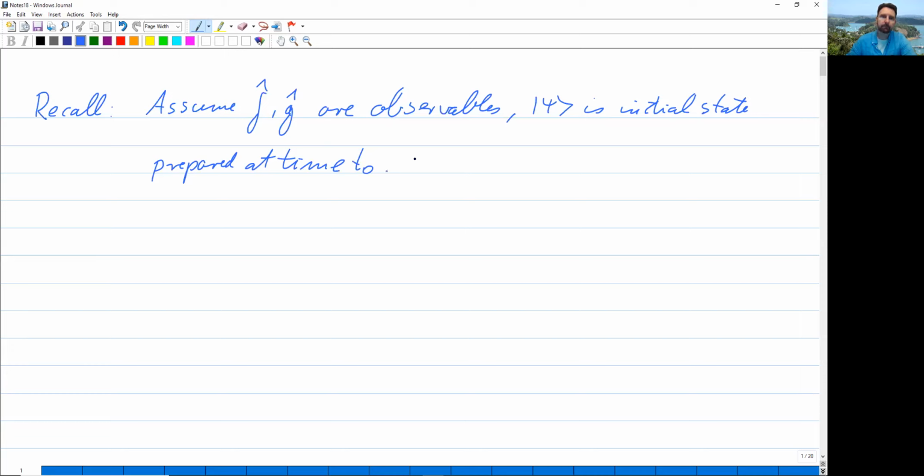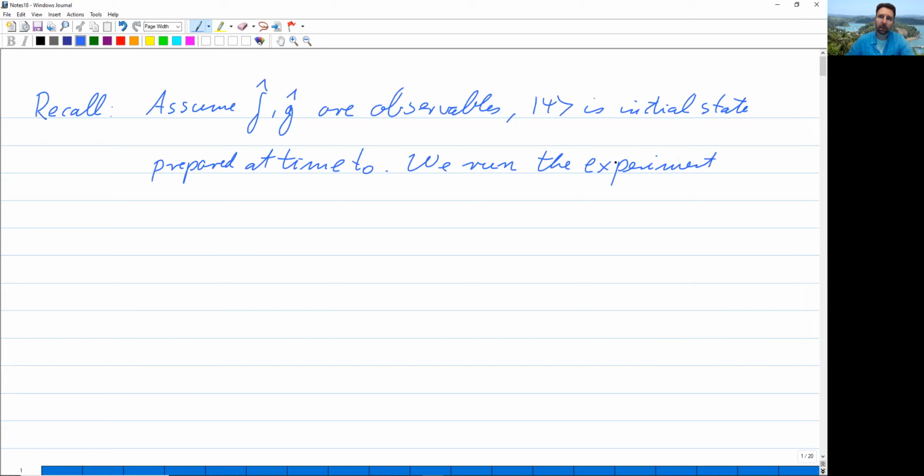And then we run the experiment. We run this experiment many times, with this initial state.